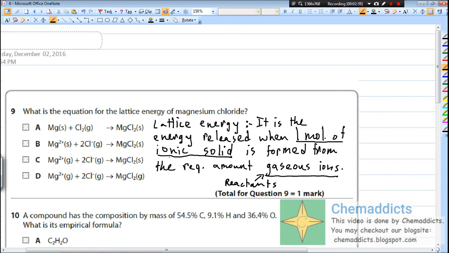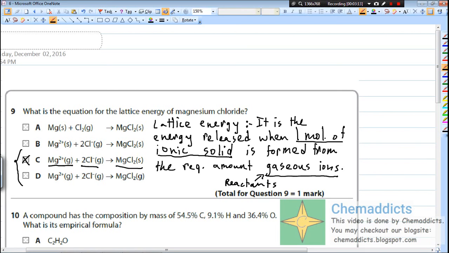If we compare, these two are the possible answers. Here C should be the answer, since positively charged gaseous ions react with negatively charged gaseous ions to form 1 mole of ionic solid.